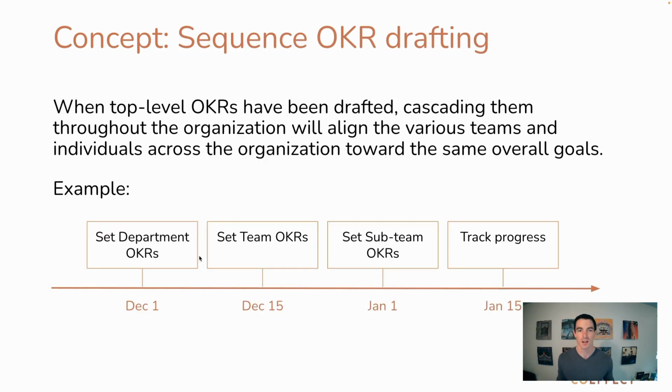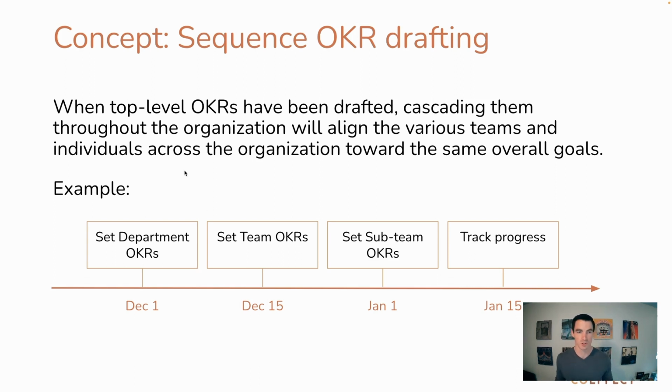Another important concept is that we need to sequence our OKR drafting process to enable us to really align objectives and key results at different levels. So you typically start with your highest level objective and key result first, these organization-wide OKRs. And then you draft OKRs for the teams and the sub-teams below that sequentially.